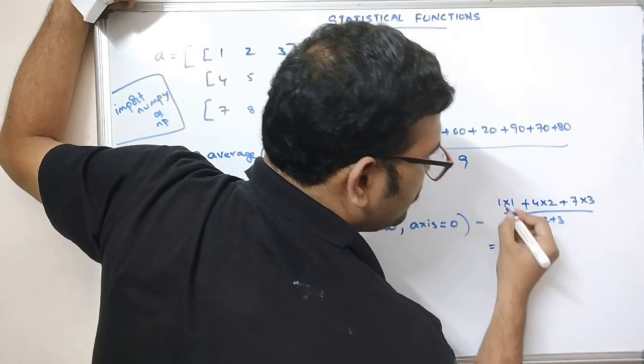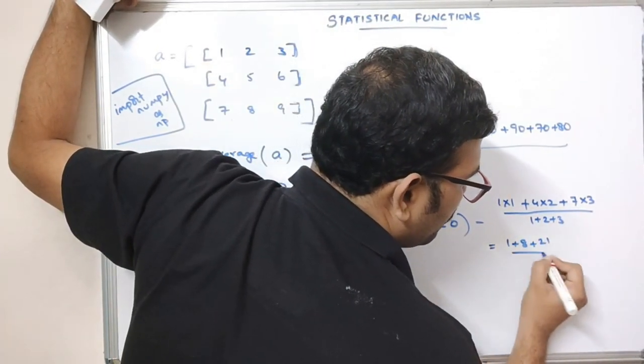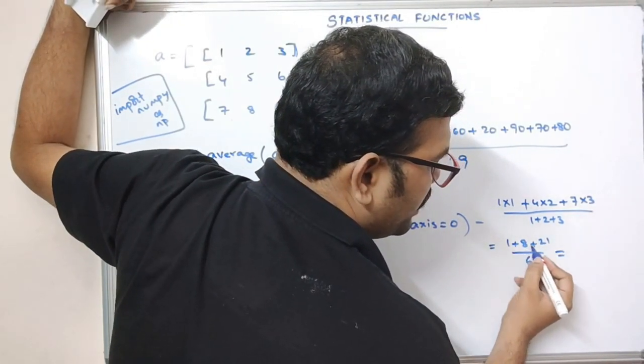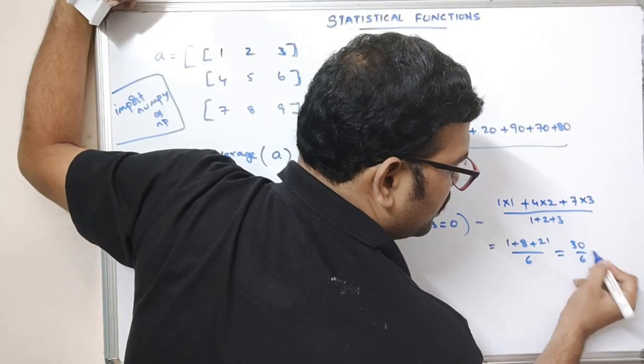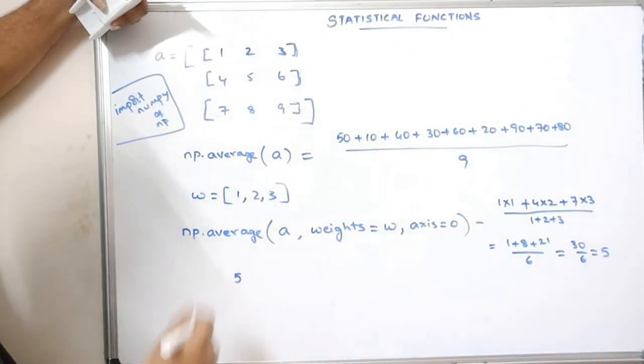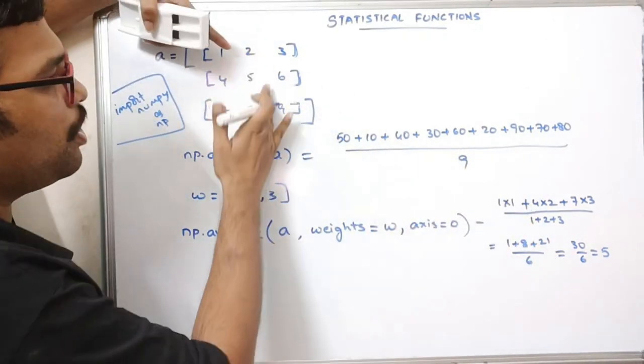So we get 1 plus 8 plus 21 divided by 6. Total 30 by 6, then we'll get 5. So 5 will be the first one, and similarly the same thing should be calculated for the second column also.